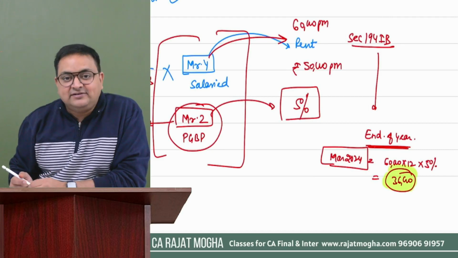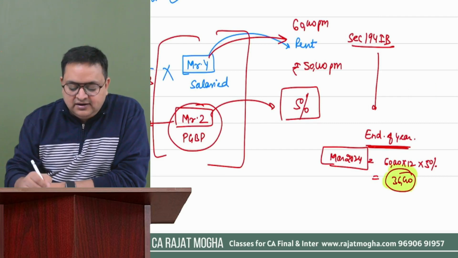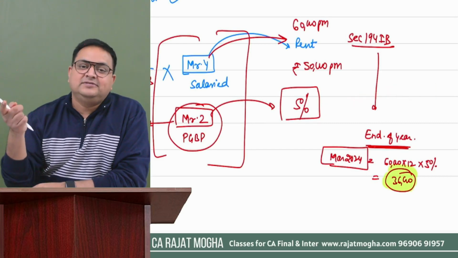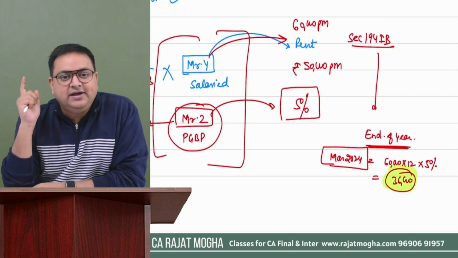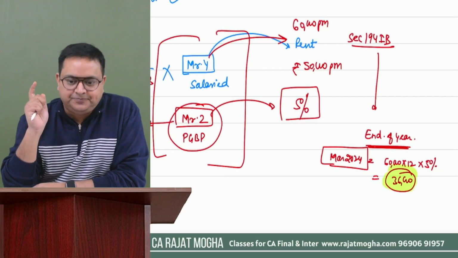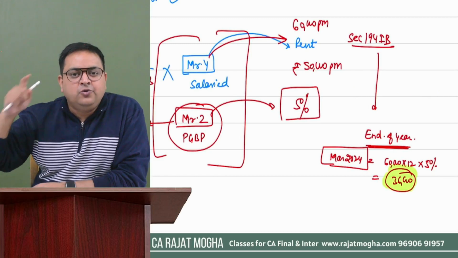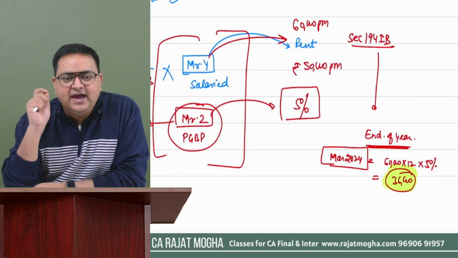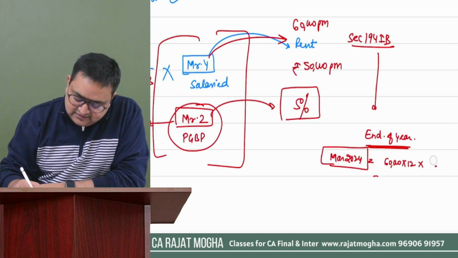When can this circumstance arise, when the TDS is more than the last month rent? It can arise only in that situation when the landlord, the deductee, does not furnish PAN. If that person does not furnish PAN, then we will deduct TDS at a rate of 20%. So if the landlord, the owner, has not furnished his PAN number, then how much TDS in that case?